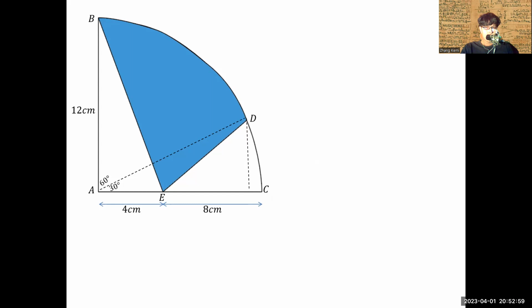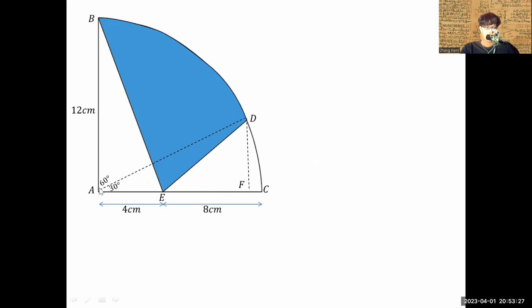Now I'm going to draw a line that will intercept AC perpendicularly. I'll mark another point, F, in which DF is perpendicular to AC. My goal at this point is to find the area of ECD.